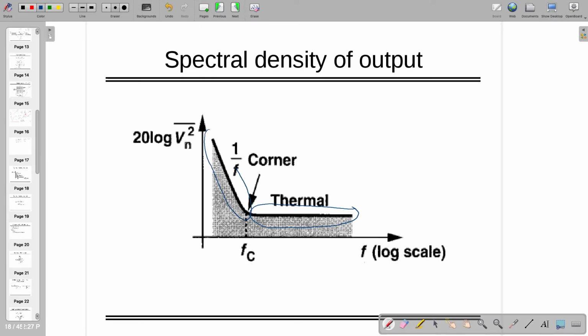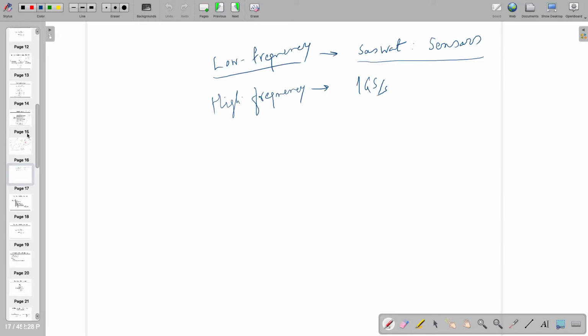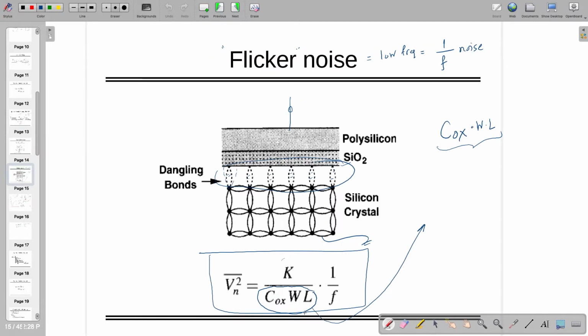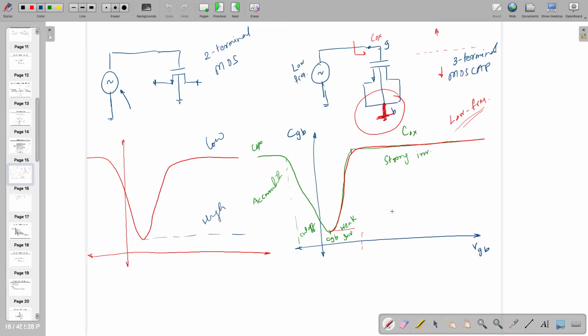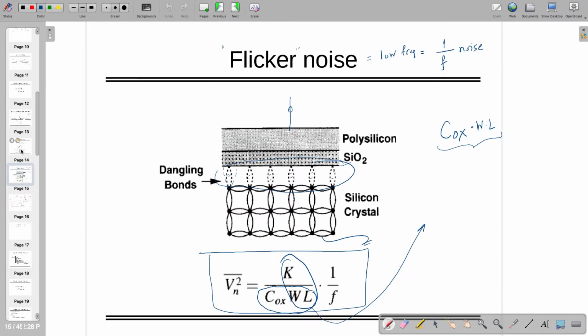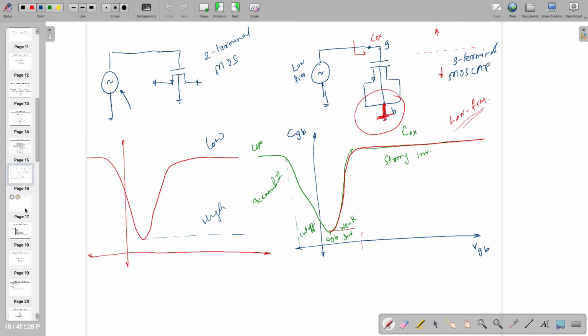However, at the lower frequency, you are going to see such kind of plot coming from the equation which we have written here. So it's some number K divided by Cox times W times L, multiplied by 1 by F. These two are constants. Cox is the varying quantity which is coming from here, that has to be taken into account.